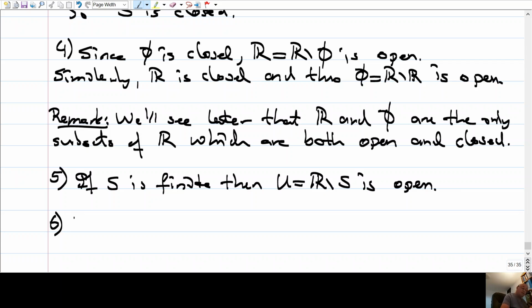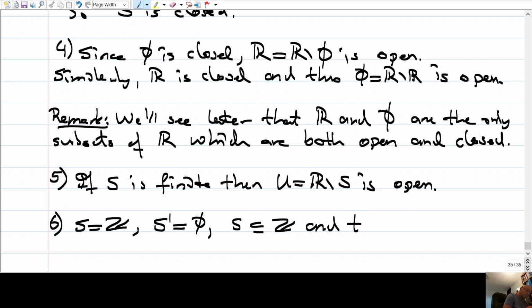What else? We have seen that for the set of integers, S prime was empty, therefore the derived set is contained in Z, and thus Z is closed.